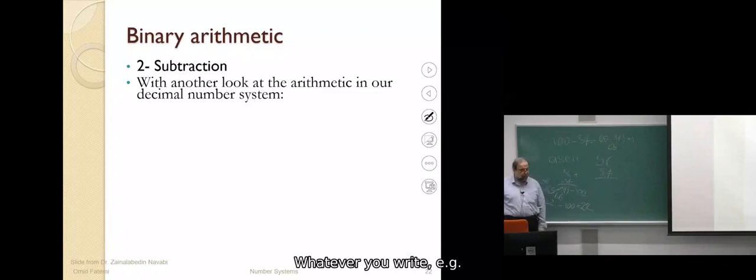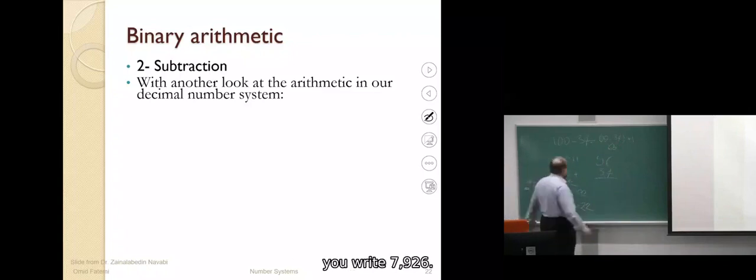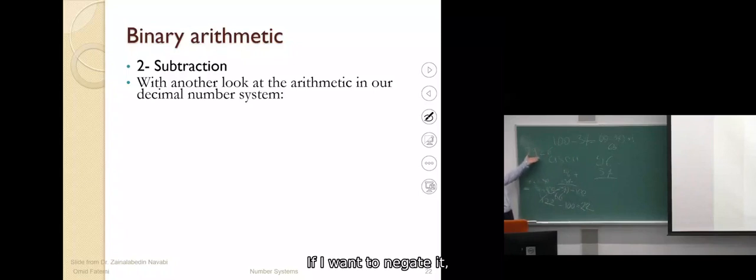Yes? Whatever you write, for example, you write 7,926. If I want to negate it, I am subtracting it from 9,999. 9,999 minus this number would be 2,073.